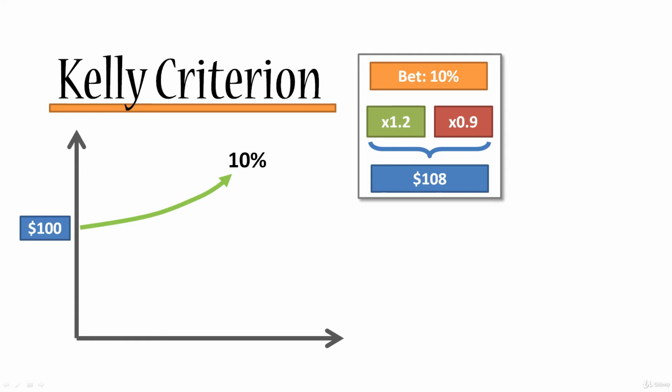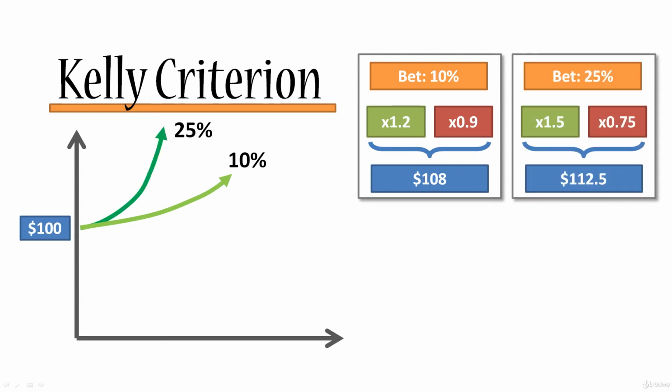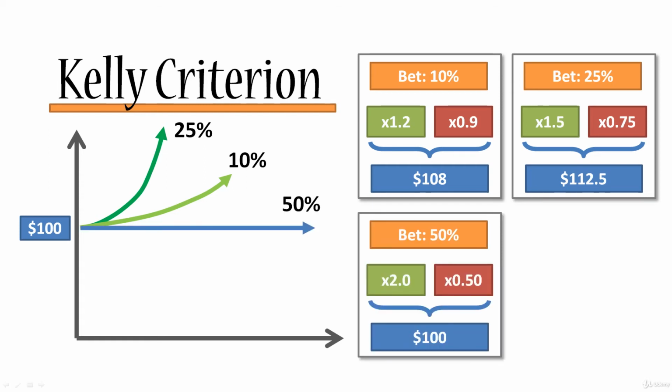The next scenario is where we bet 25%. With 25%, our account balance is going up higher every time. So in this case, it's going up by 12.5% every time. So as you can imagine, it's also going up in the long run, but it's going up faster. So it's a more profitable scenario for us. The next scenario is where we bet 50%. And if we bet 50%, our account balance doesn't change. Every time, after every heads and tails, it goes up by 0%.